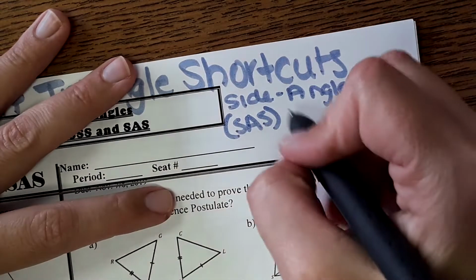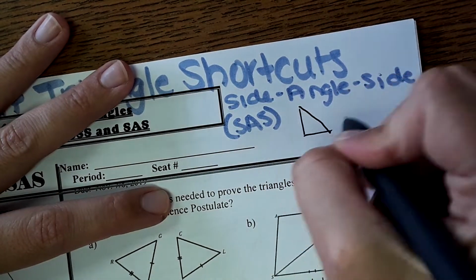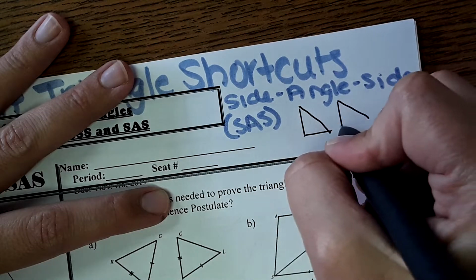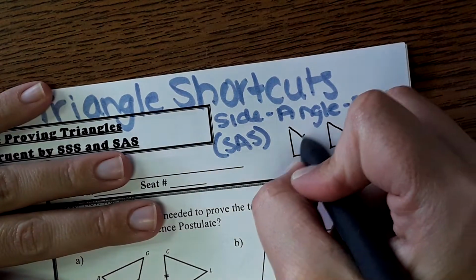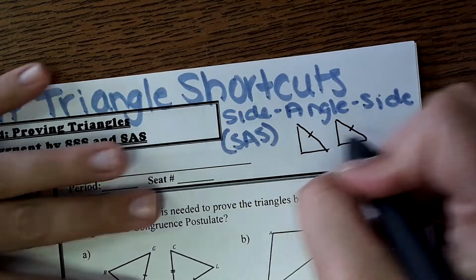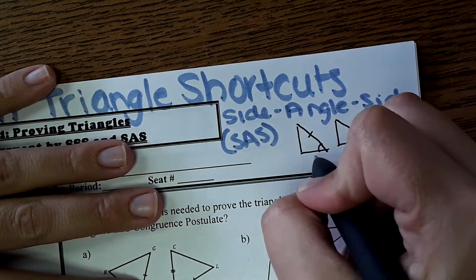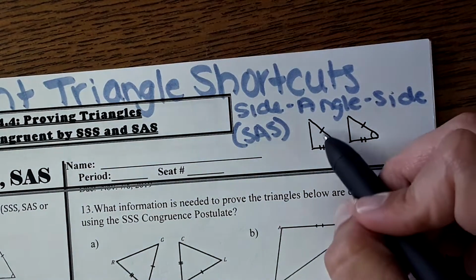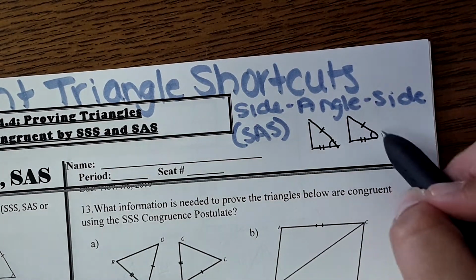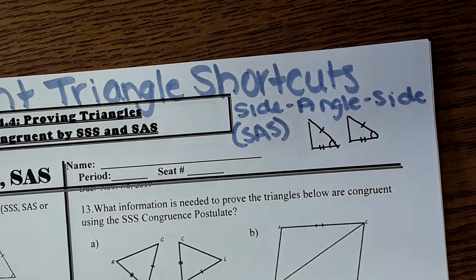And what this looks like is, okay, we have our two triangles. And let's say we're told that this side is equal to this one, and then this angle equals this angle, and then this side is equal to this side. So in this case, we have side angle side is equal to a side angle side over here, so we can say that these two triangles are congruent.